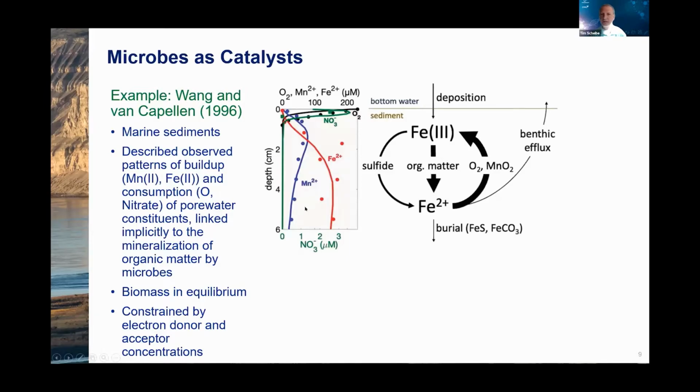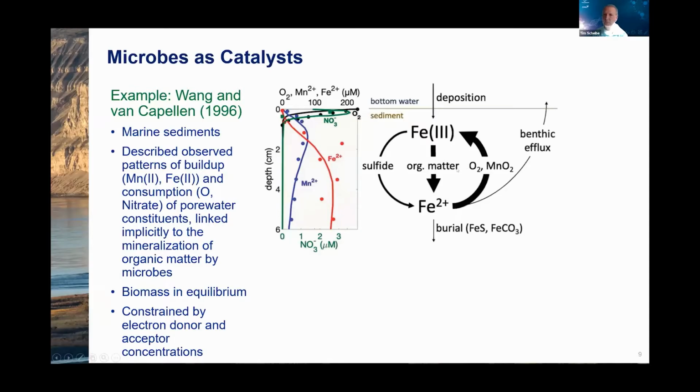And so they represented this in a reactive transport model as indicated schematically here, where each of these processes was linked to the mineralization of organic matter, basically the oxidation of organic matter to carbon dioxide by microorganisms. However, in their model, they didn't explicitly represent the organisms.